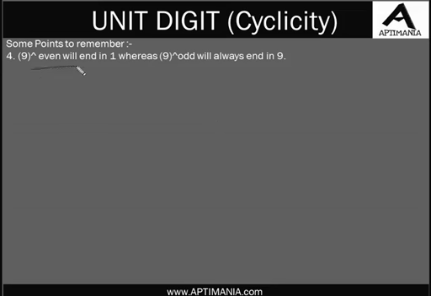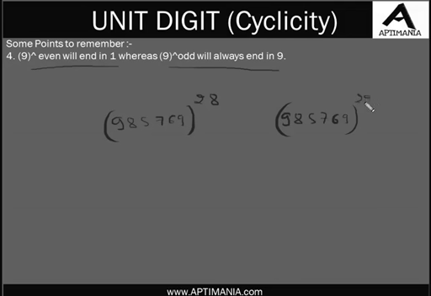Now for 9. 9 raised to an even power will end in 1, whereas 9 raised to an odd power will always end in 9. So suppose we have a number 9856769 raised to the power 28, and the other number is 985769 raised to the power 297, right? Since we focus on the unit digit only, we simply cancel out the other digits.